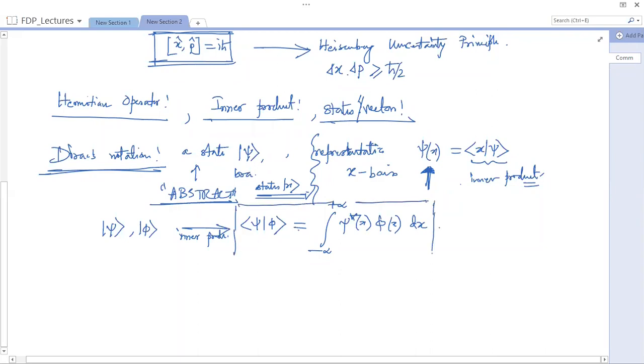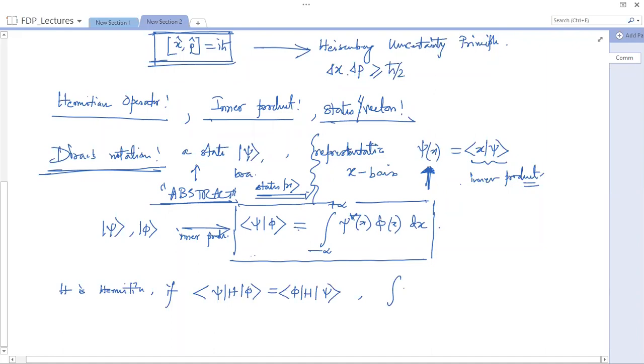Basically, let's call the operator H Hermitian if this is true, which means nothing but this equality being true. This is an operator acting on this wave function.